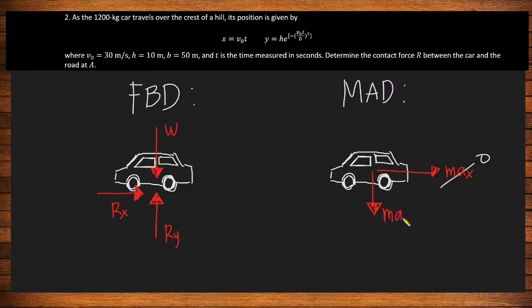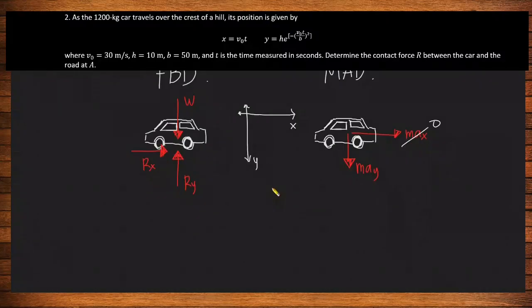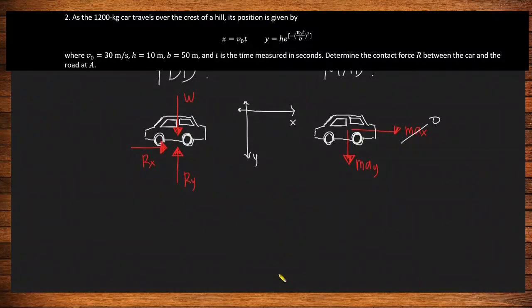So, ilalagay natin dito, pababa. And then, don't forget to indicate the direction of your coordinate axis as well as the direction of your positive values. So, in this case, positive x will be to the right and then positive y naman will be pababa. So again, kayo ang bahala kung anong direction yung kukunin nyo na positive.